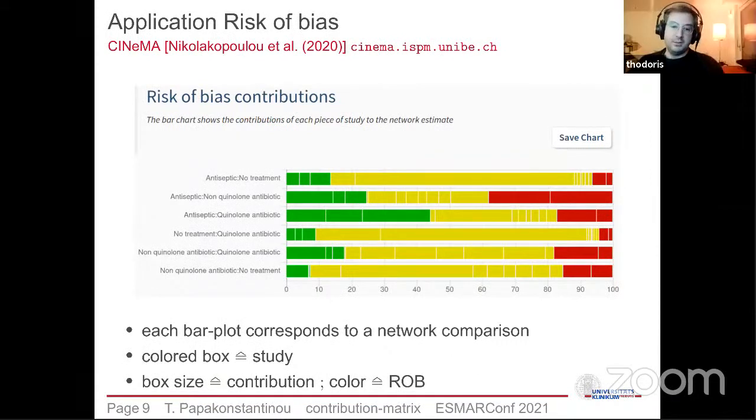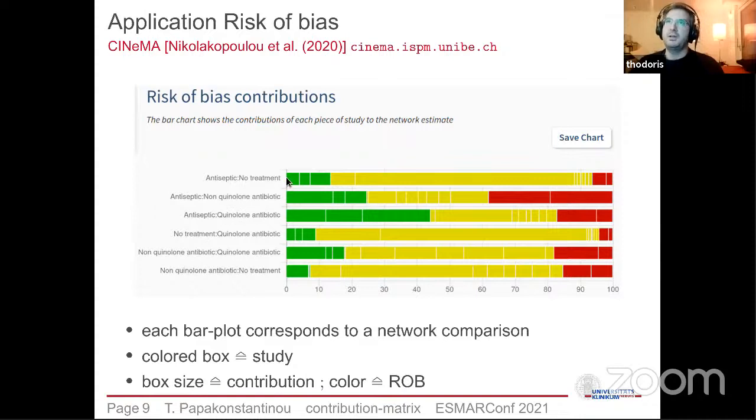So wanting to give a real-life use of the contribution matrix, we now present the judgment of the influence of study risk of bias as is performed in CINeMA, the web application we developed for judging the results of network meta-analysis, which is available in this link. In this example, we can see a series of bar charts, each one referring to a different network estimate.